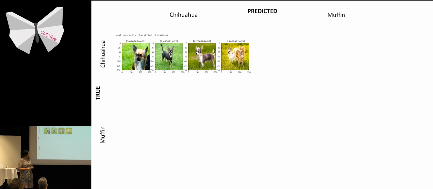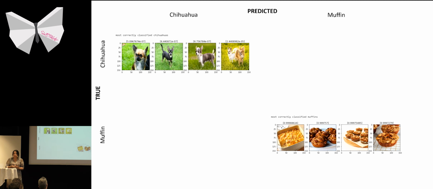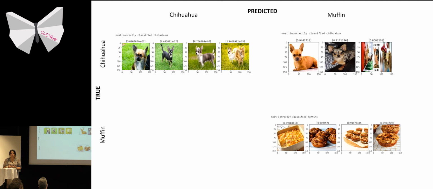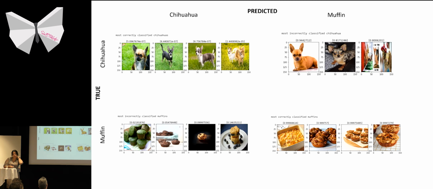We can also look at it like this. These are some of the chihuahuas that we got correct. These are some of the muffins that we got correct. And if we look at the ones that we didn't necessarily get correct, then we can see what we could possibly do to get more of these correct. We'll see things like this picture over here that doesn't really represent a chihuahua like we would normally, so we ignore the fact that we couldn't find that one correctly.